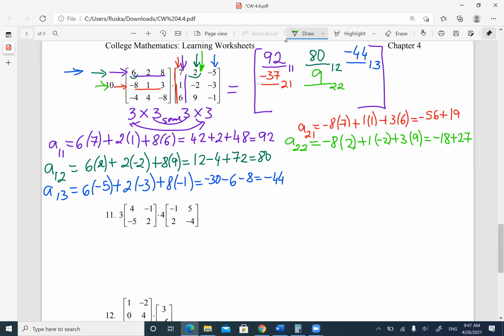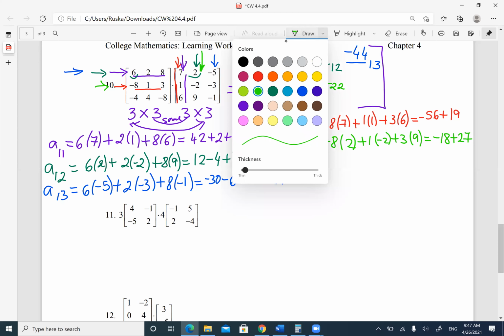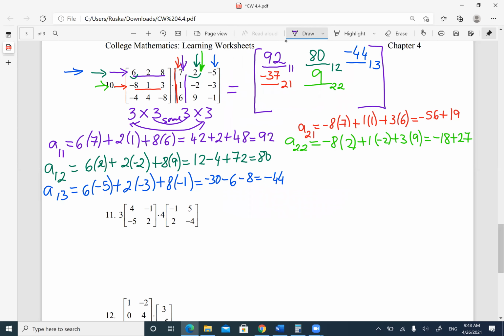Okay? Then we have to go to the next number, which is here. Second row and third column. So we're doing second row again, and I'm doing the third column. So we're going to have A, 2, and 3.